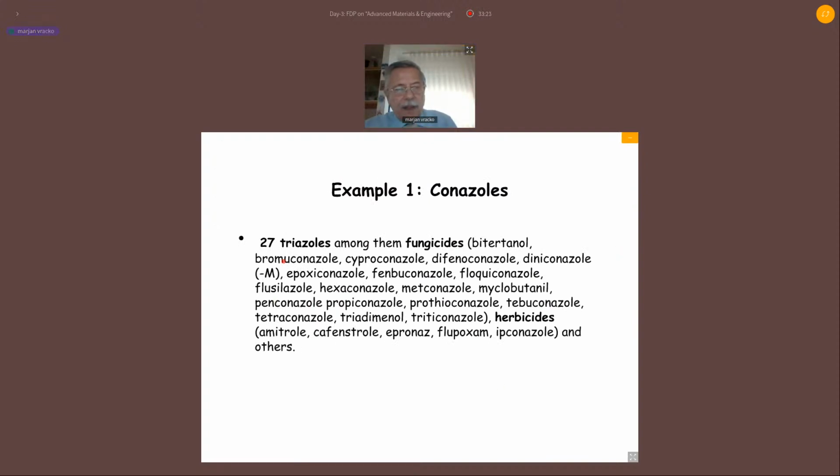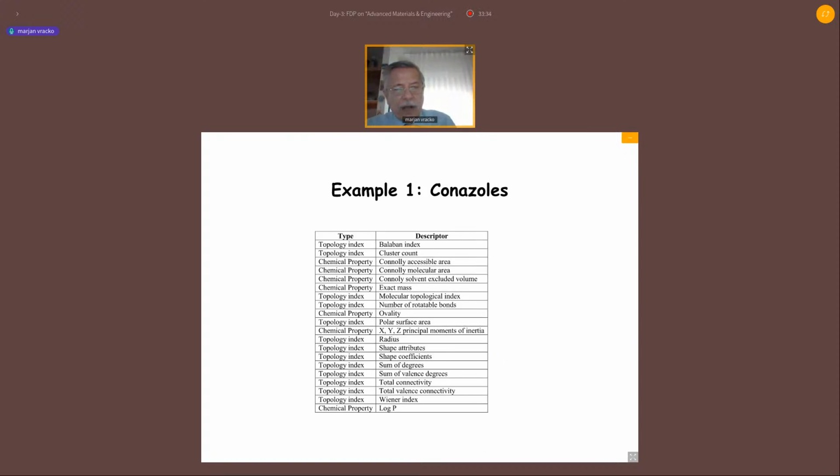We have our set, as I said before, 27 triazoles. There are fungicides, herbicides, and some drugs. What we did, actually, we extracted the structure for those conazoles, and then we calculated 10 different descriptors. Descriptors are given in this table.